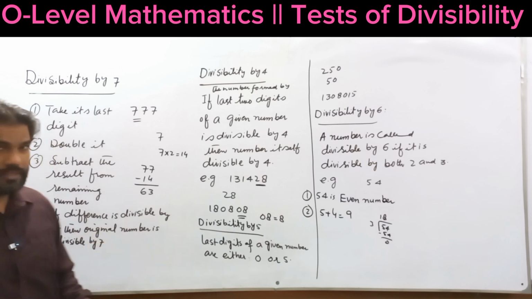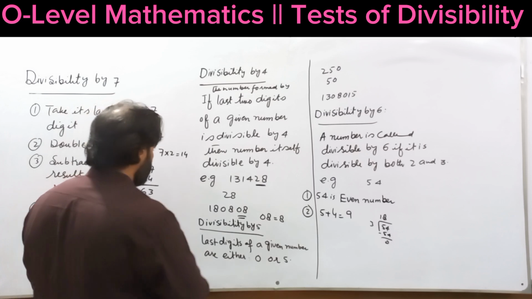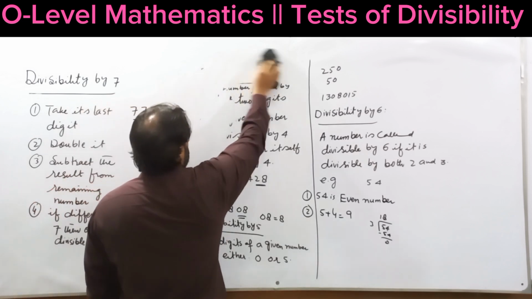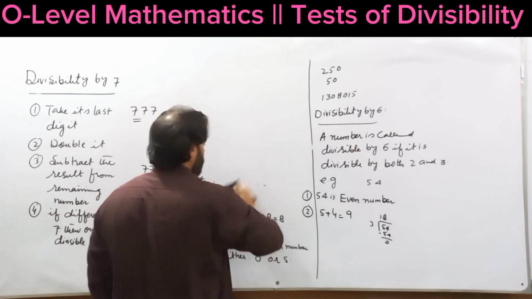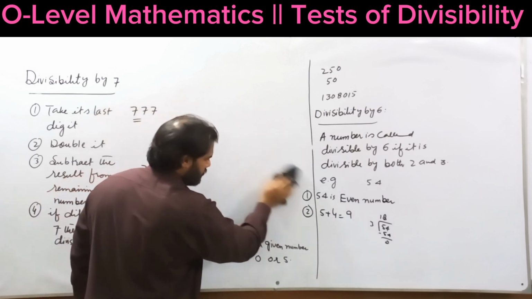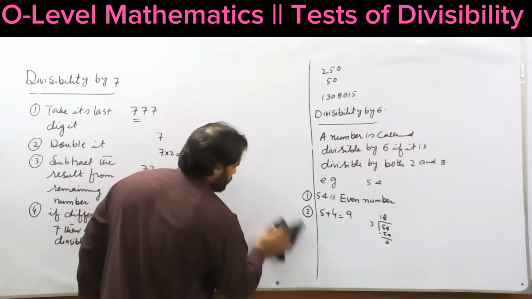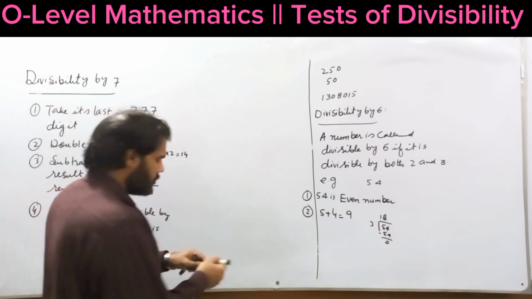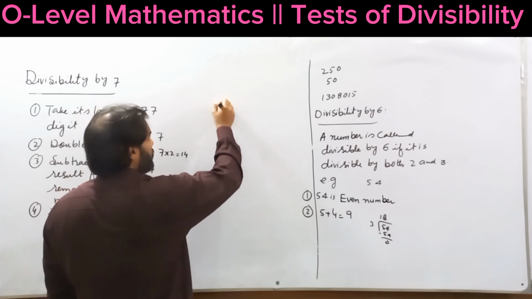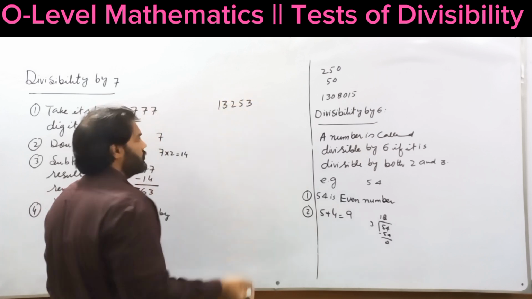So let us take another example. Suppose I have a number 13253.